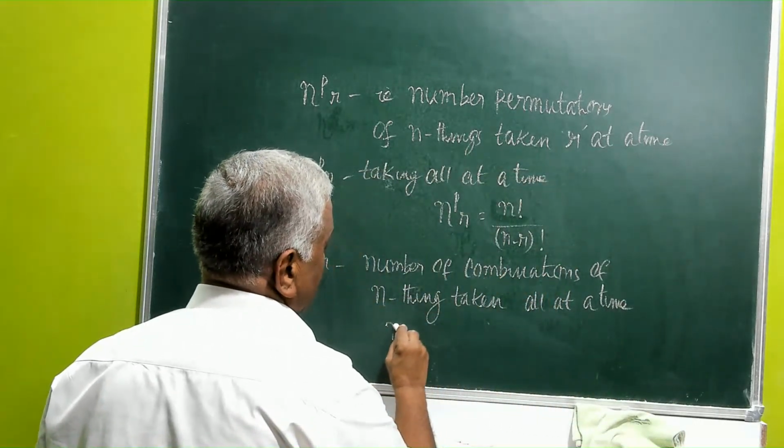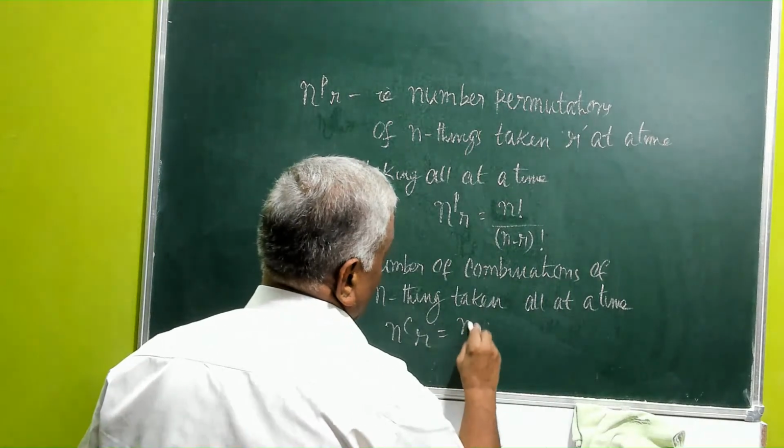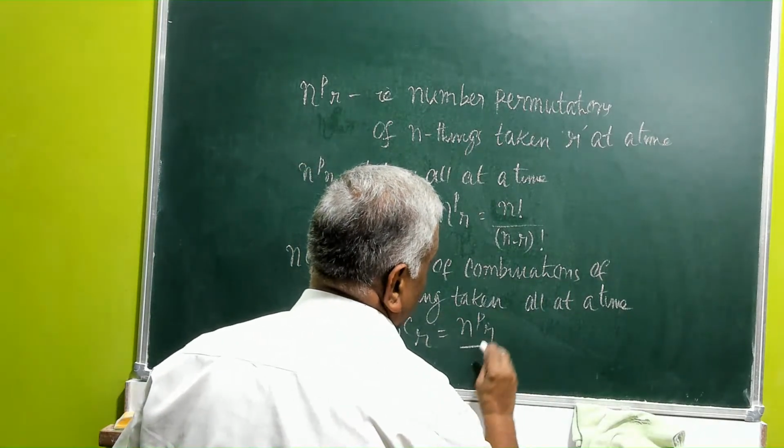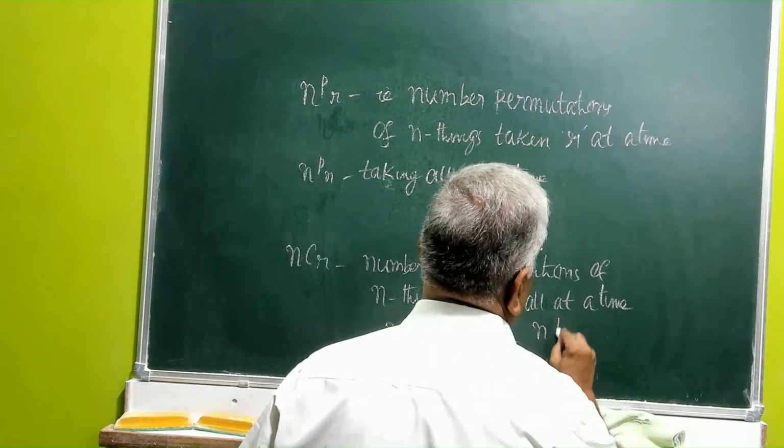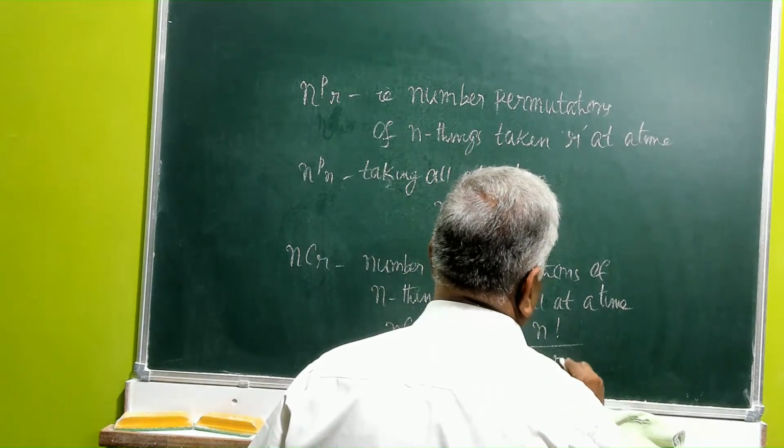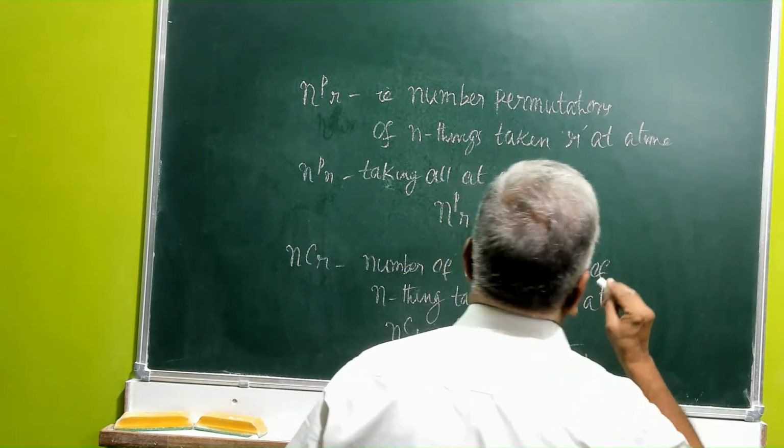That is nCr is equal to nPr by r factorial, which is equal to n factorial by n minus r factorial into r factorial.